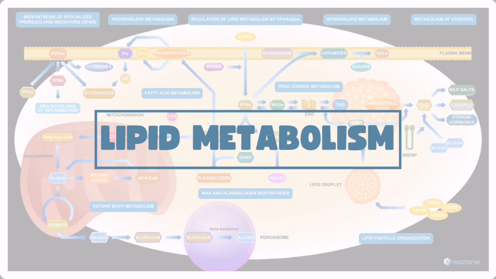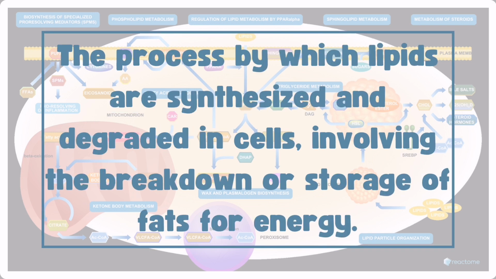Now, what is lipid metabolism and how do B vitamins interrelate to it? Lipid metabolism is the process by which lipids are synthesized and degraded in cells, involving the breakdown or storage of fats for energy. It concerns the oxidation of fatty acids to create energy or to manufacture new lipids from smaller constituent molecules.